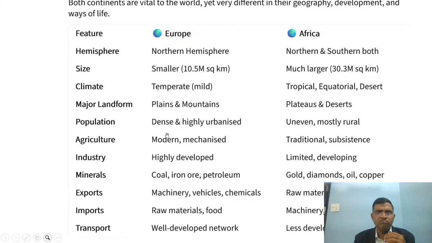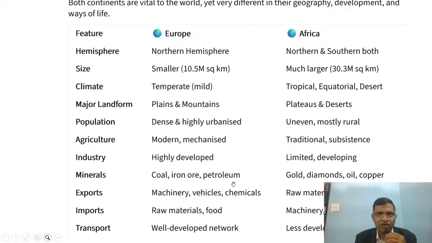Then population: Europe is highly dense and urbanized, whereas Africa's population is uneven, and most people live in rural areas. Agriculture in Europe is modern and mechanized, whereas African agriculture is traditional and subsistence. Industry is highly developed in Europe, less developed in Africa.